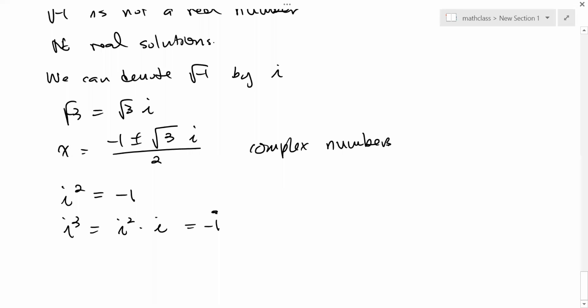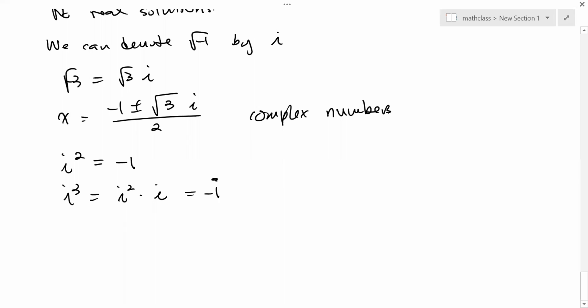Okay, so you can do lots of computation, just assume i squared is equal to negative 1. So this is a little bit of information about complex numbers. It's wonderful.